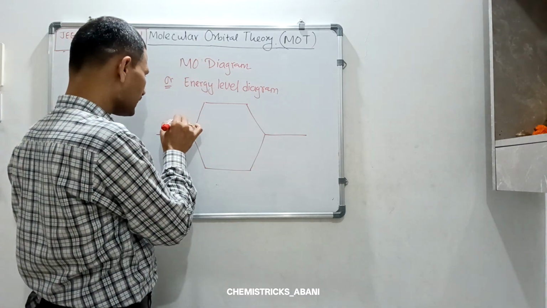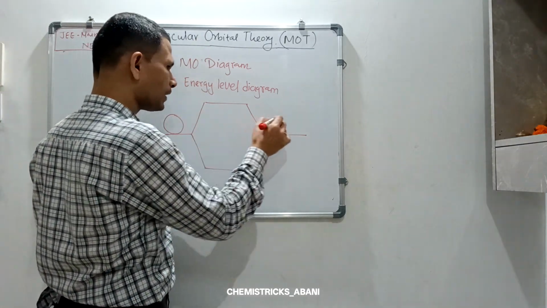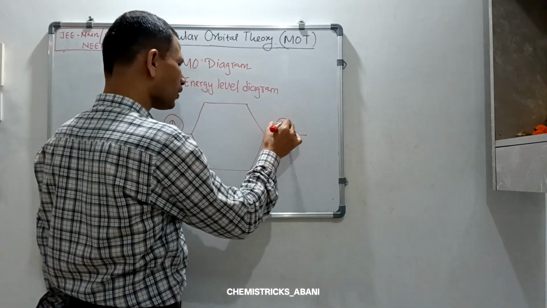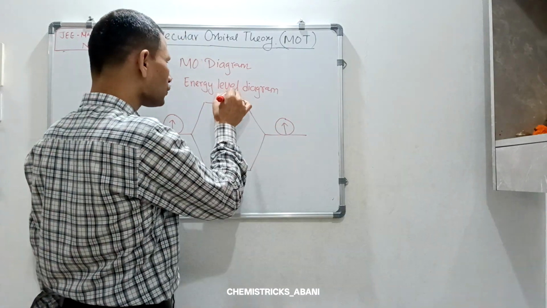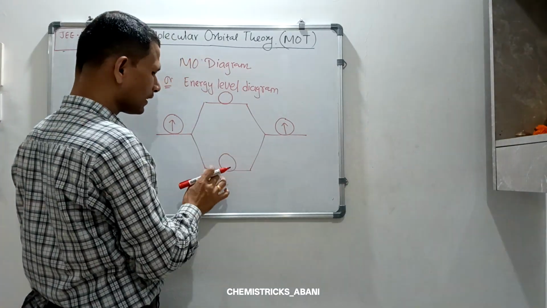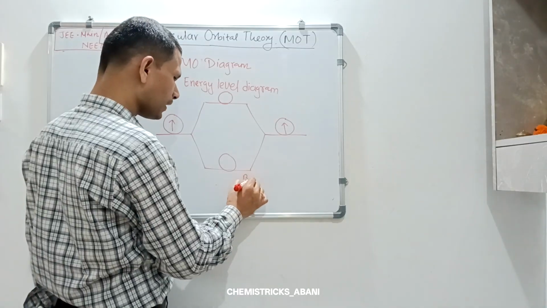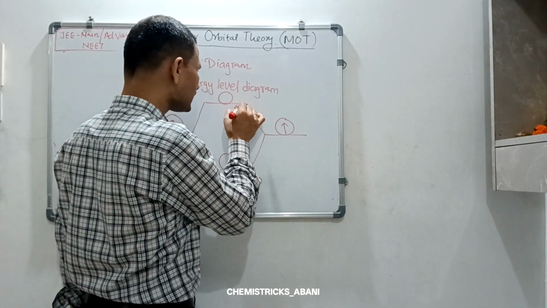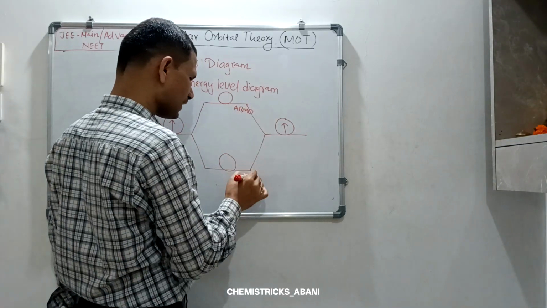So this is an atomic orbital, this is another atomic orbital having some electrons, say one electron here, one electron here. There are two types of molecular orbital. One is bonding molecular orbital and the other one is antibonding molecular orbital. This is ABMO and this is BMO.